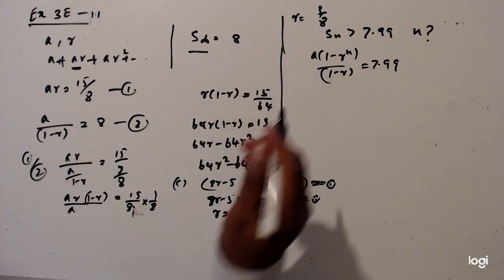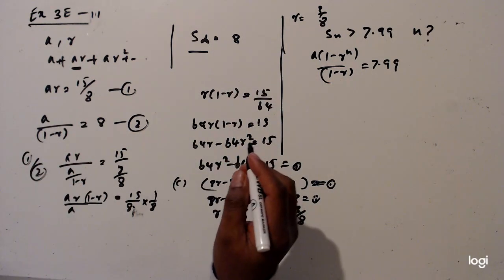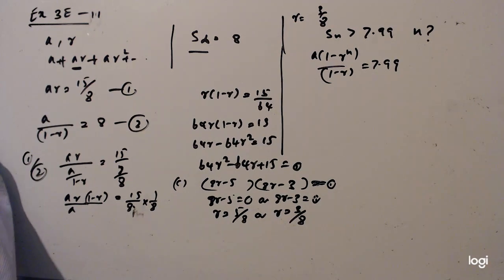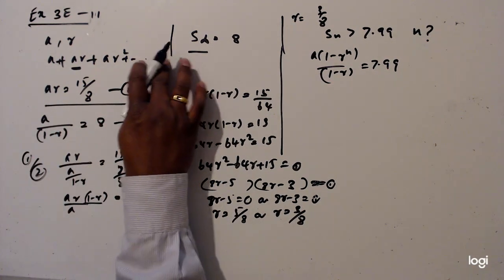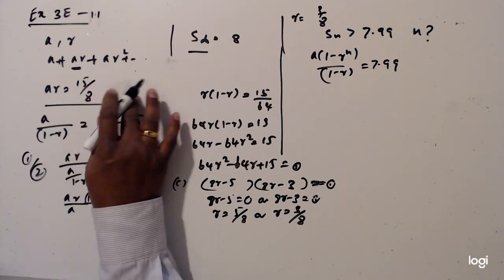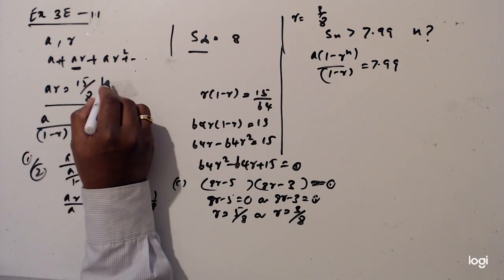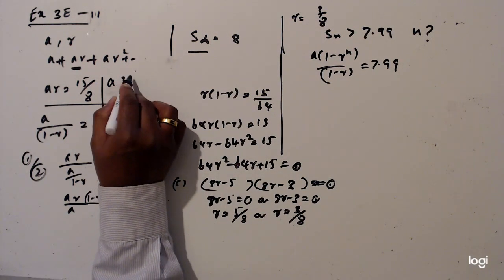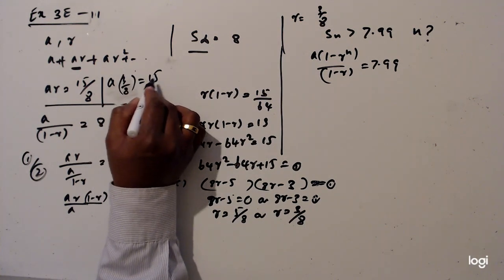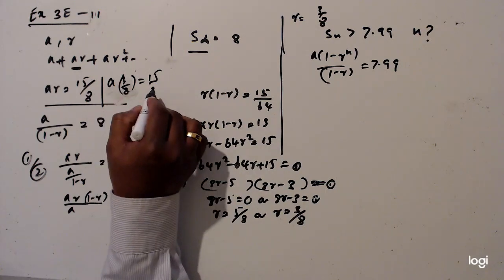So a is 15 over... we have to work out a actually. The a value is a times r, 3 over 8, equals 15 over 8. 8 and 8 cancel out.